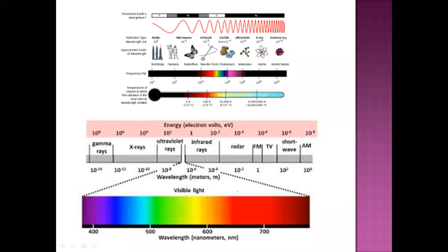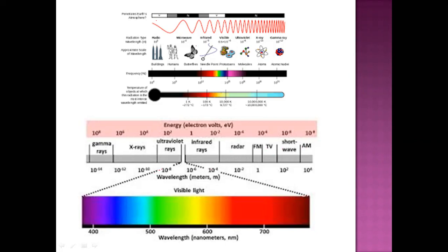It starts from cosmic ray, then gamma ray, then X-ray, ultraviolet light, visible light in between ultraviolet and infrared, then infrared, radar, and radio frequency. So various electromagnetic radiations have different wavelengths, and on that basis they are classified.